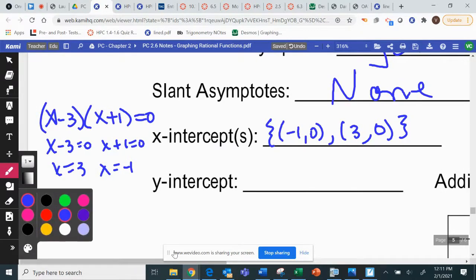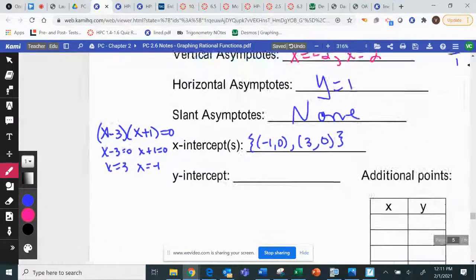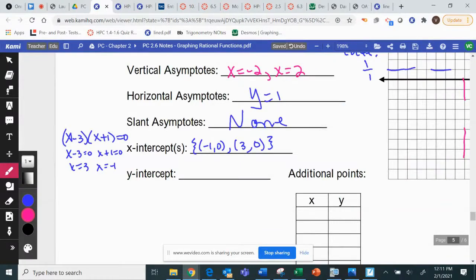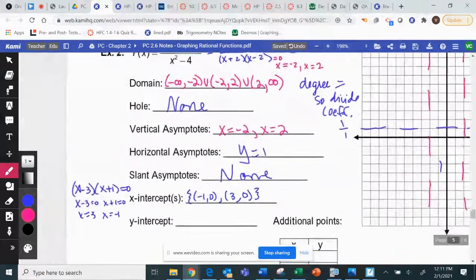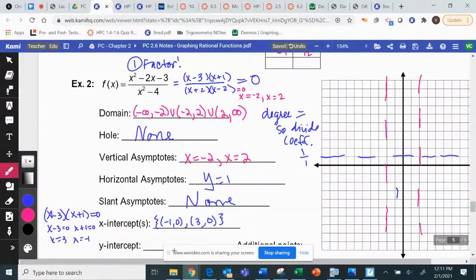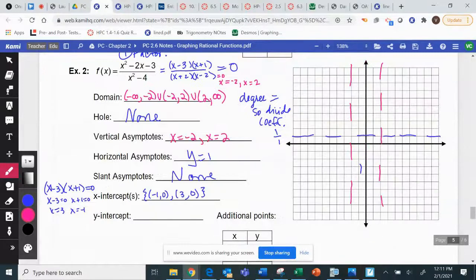My y-intercept, I plug in 0 for all the x's. For this one, I'm actually going to choose the original equation to put 0 in. I think it's easier in the original one. I got to zoom out, though. I can't see it all at the same time. So I'll have 0 squared minus 2 times 0 minus 3 over 0 squared minus 4.